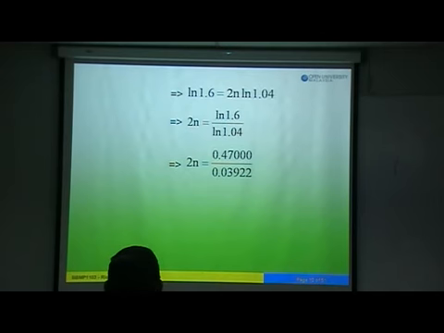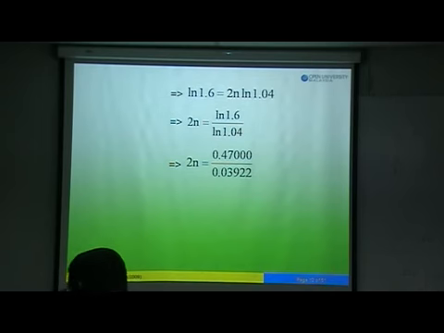Okay, so now left hand side 2n we copy. Right hand side, use your calculator to find what is log 1.6. You should get 0.47 something. I take about 5 digits, or 6 digits is also fine. Did you get this one?